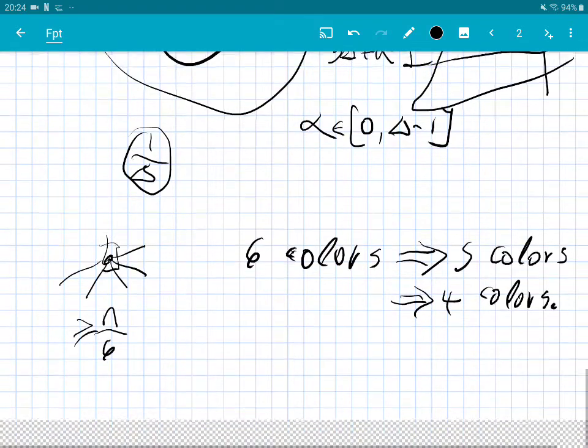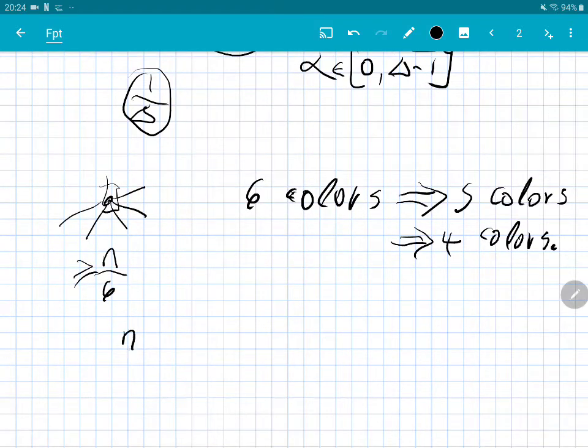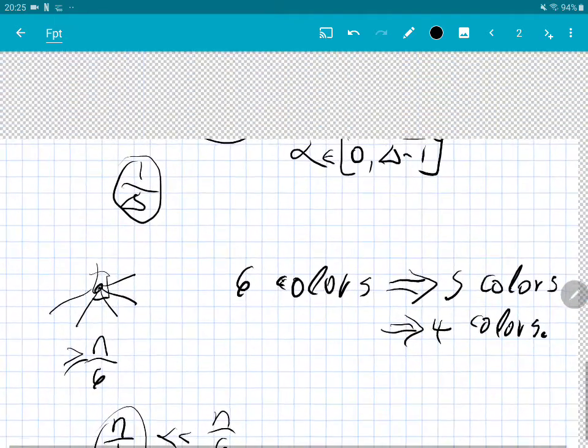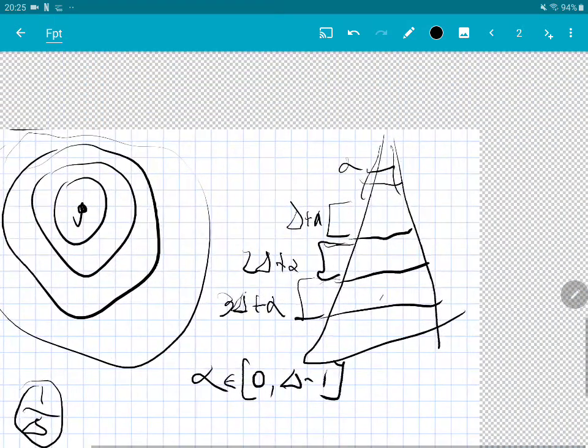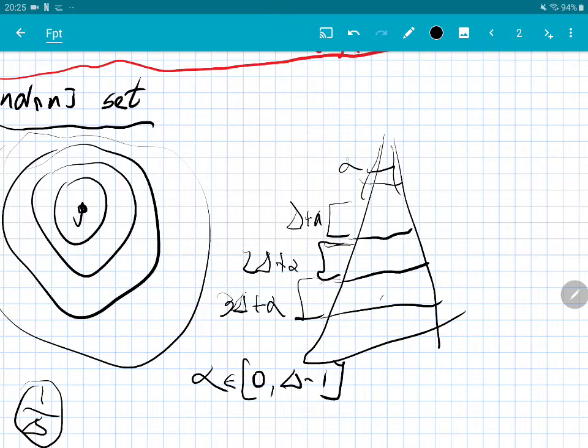So in particular, if I lose n over delta vertices, this is much smaller than the size of the independent set. So what I'm going to do is take the planar graph, choose this alpha randomly, and then just delete all the vertices that are on the ladder.